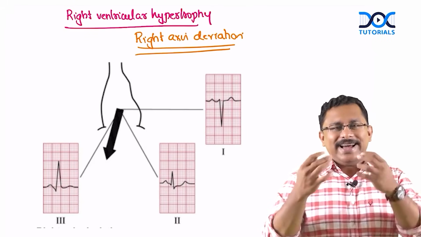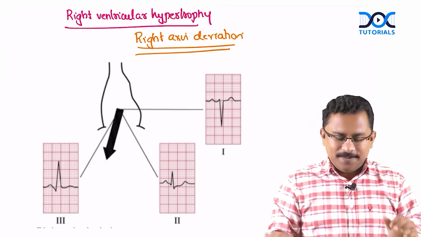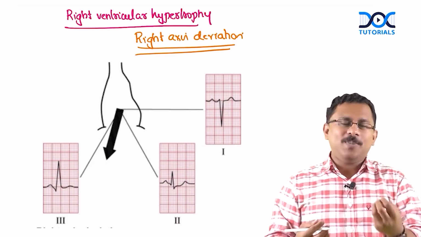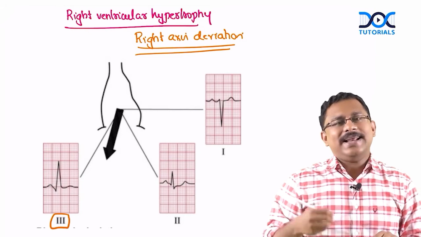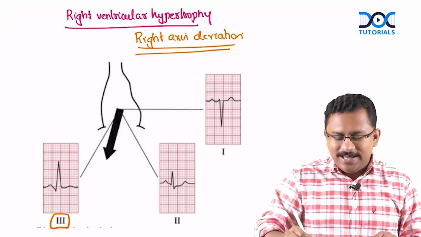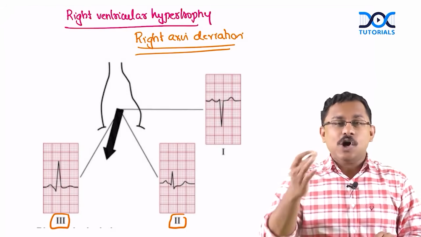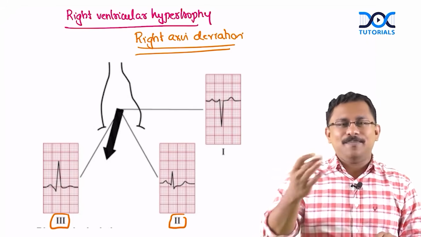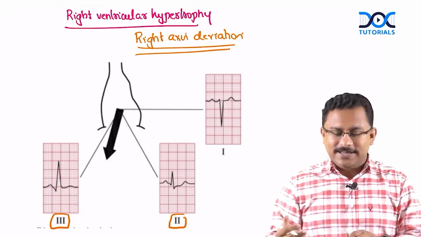So when there is a right axis deviation, or the mean electrical axis shifts towards the right, tell me which lead is going to have a prominent positive deflection. It is going to be lead 3. Even lead 2 will have a positive deflection, but remember, in normal axis lead 2 had a stronger positive deflection compared to lead 3, whereas here lead 3 has the better positive deflection.